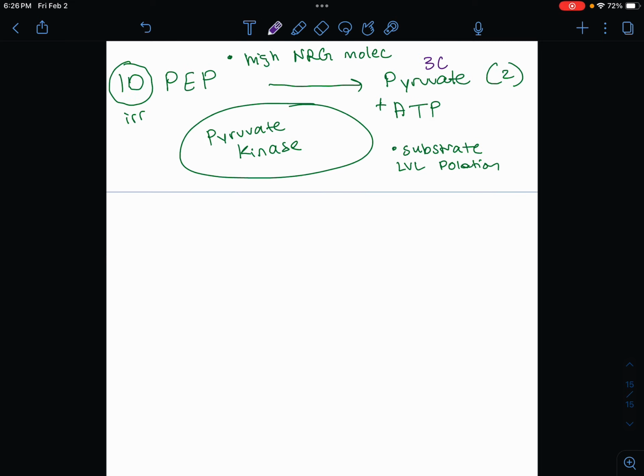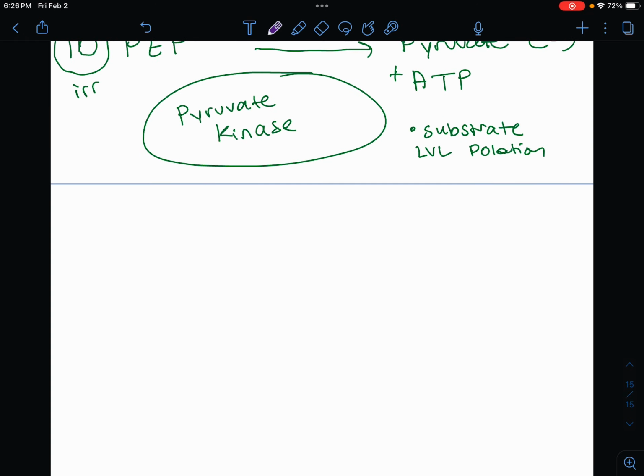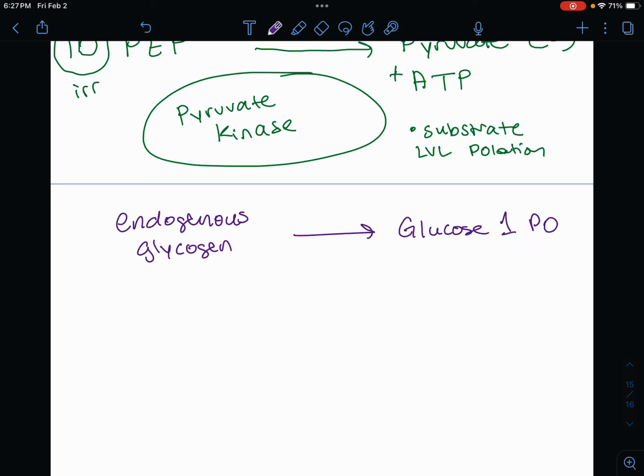Okay, so other molecules in glycolysis, you could also have glycolysis of the endogenous glycogen to go to glucose 1-phosphate. This will require something called the phosphorylase enzyme.